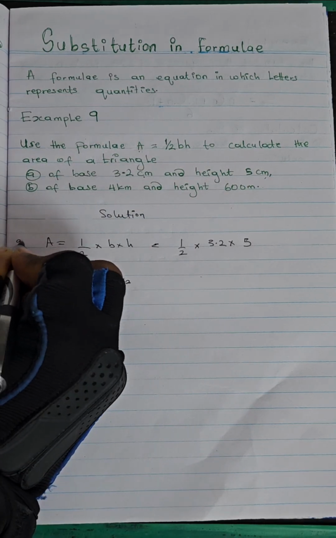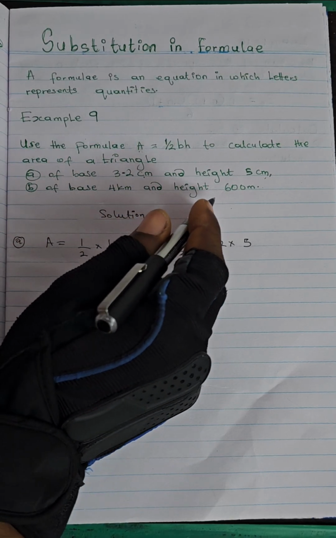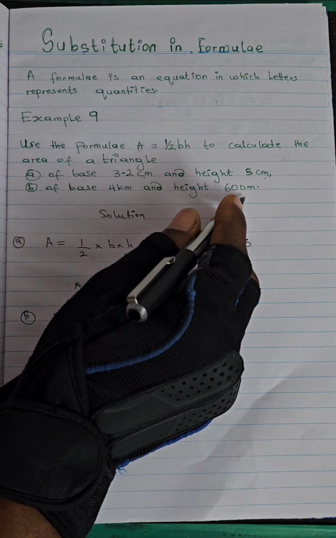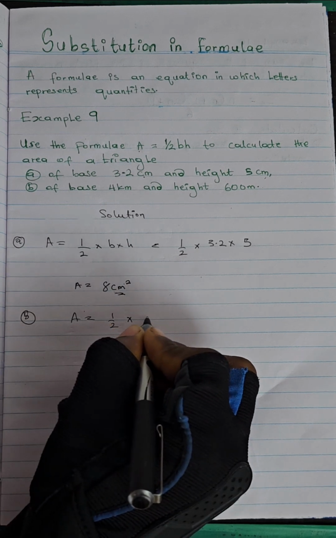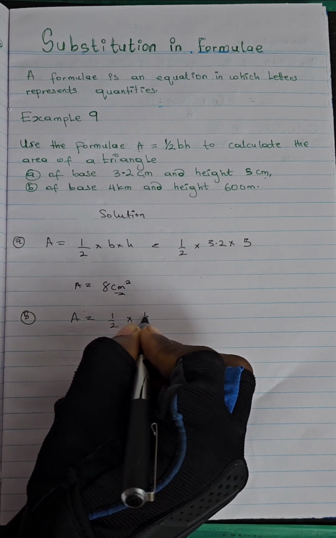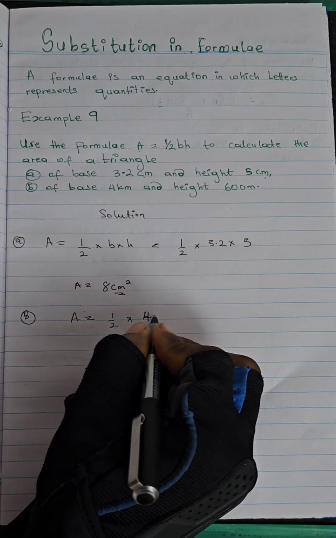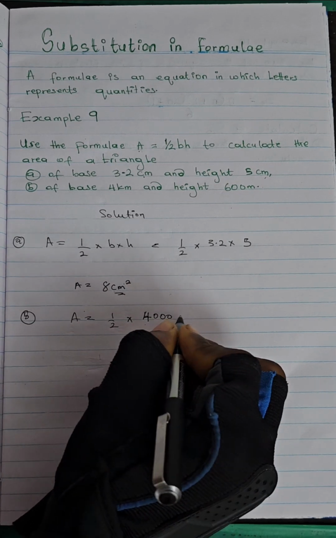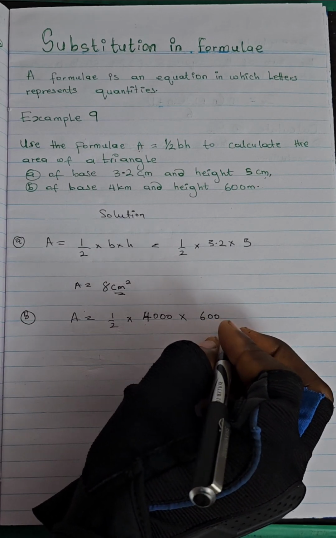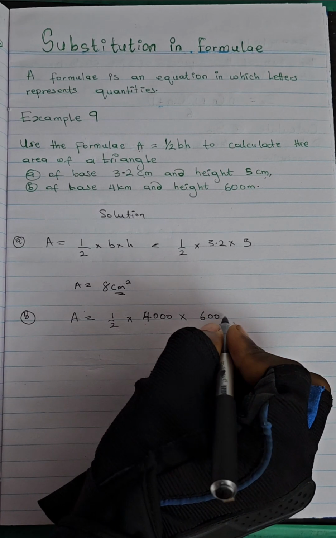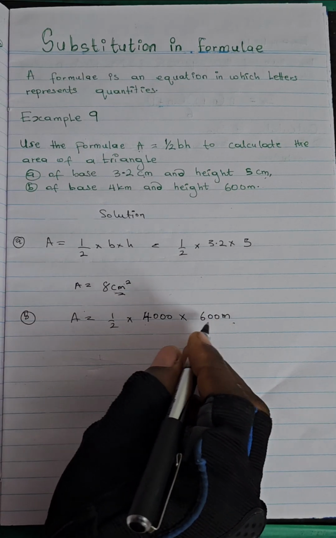Let's go to number B. So the base is 4 kilometer and the height is 600 meter. So we have A is 1 over 2 times base. In this case, we have 4 kilometer. 4 kilometer is like 4,000 meter. So we have 4,000 meter times 600 meters. So it's either we are converting it to meter or we are converting it to kilometer.